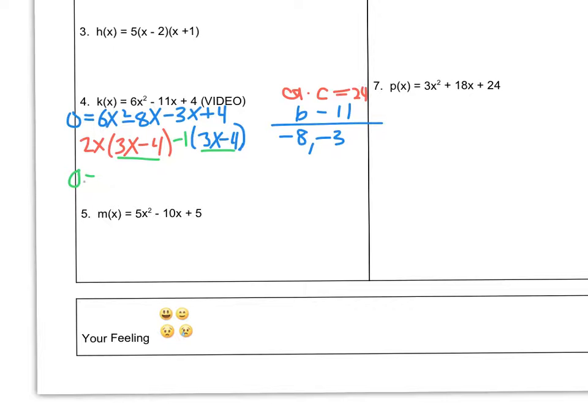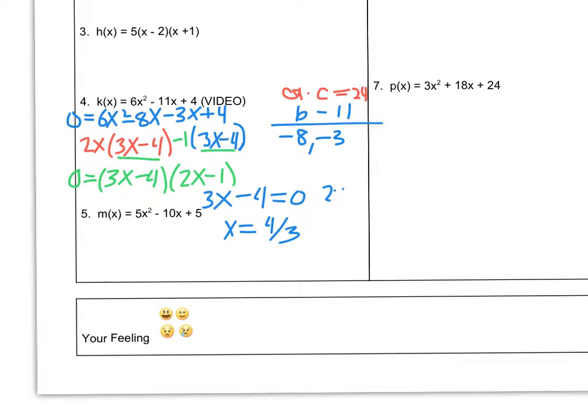So we get 0 is equal to 3x minus 4 multiplied by 2x minus 1. That's going to give me 3x minus 4 is equal to 0, or x is equal to 4/3. And 2x minus 1 is equal to 0, which means that x is equal to a half.